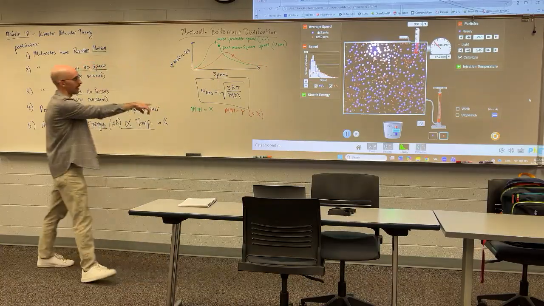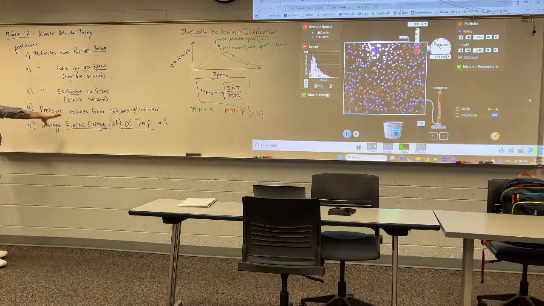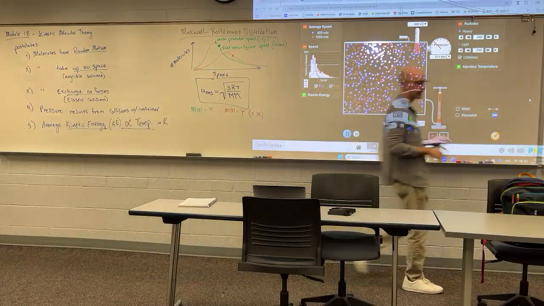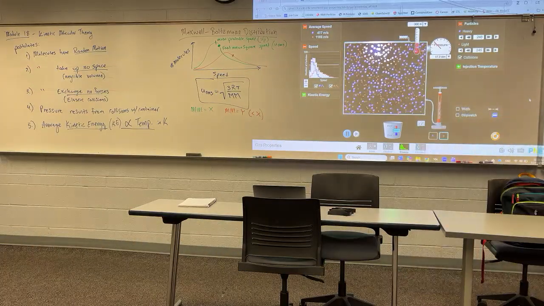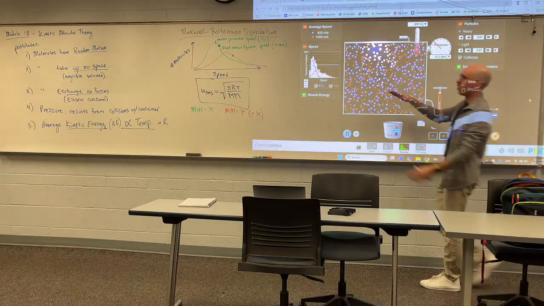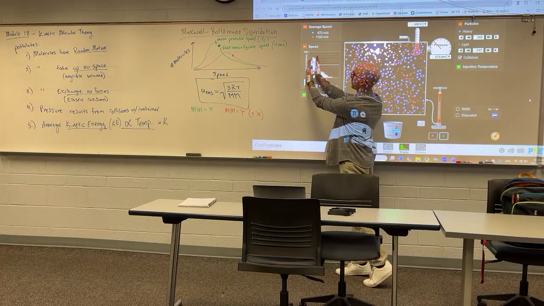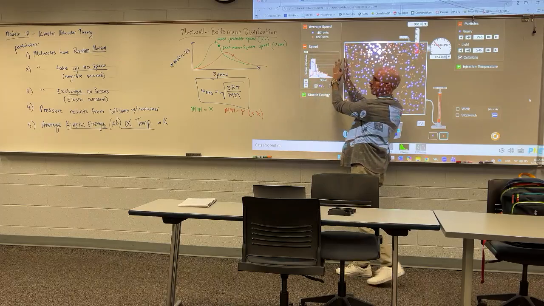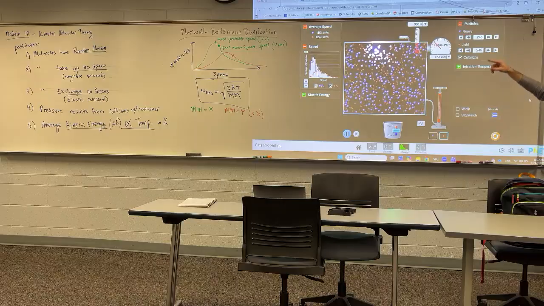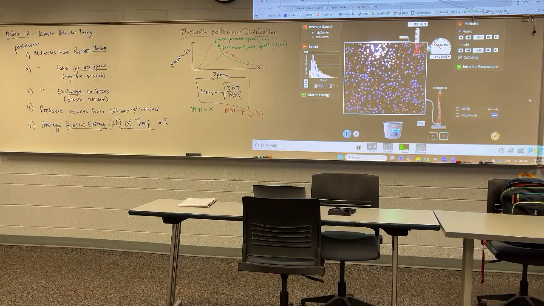We also said that kinetic energy is proportional to temperature, and we can control the temperature on this diagram. So can you make a prediction? As I cool this, will my graphs shift to the left or will my graphs shift to the right? To the left.